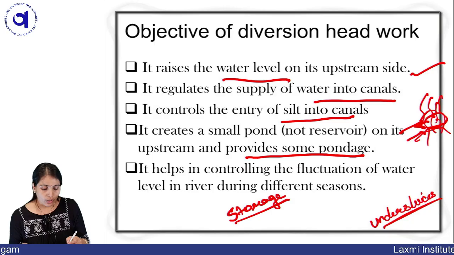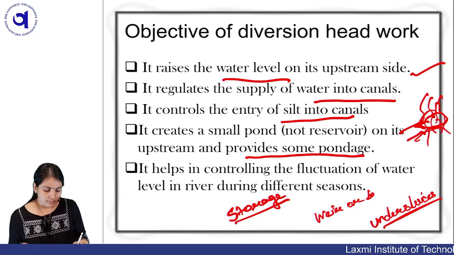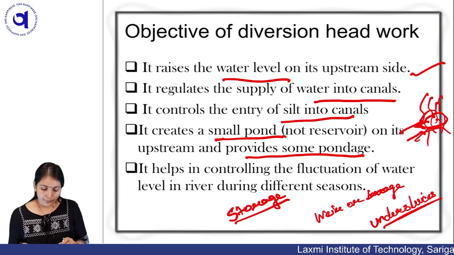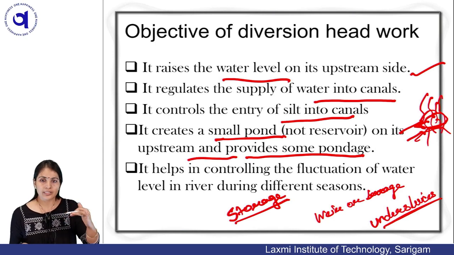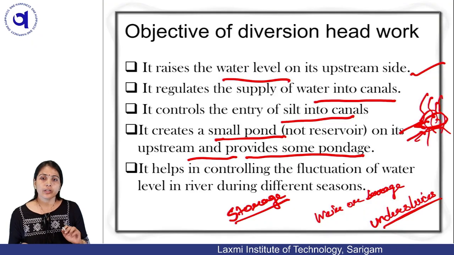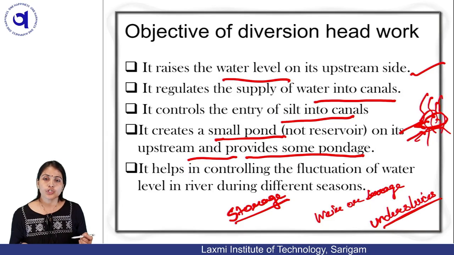But a weir or barrage creates a small pond, not a reservoir, on its upstream side, so the head level and water level are increased. It helps in controlling the fluctuation of water level in the river during different seasons.